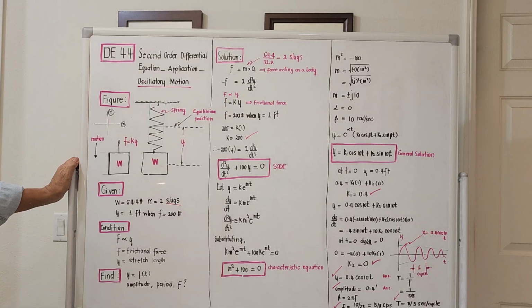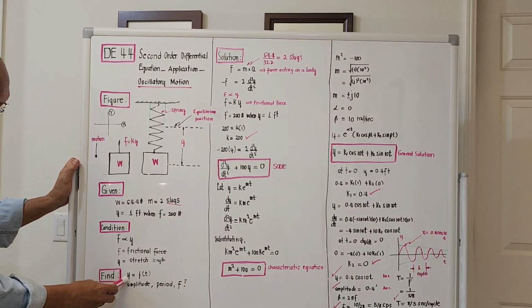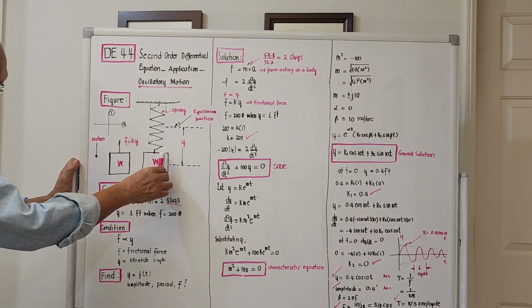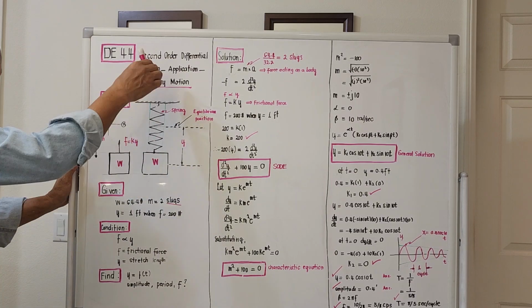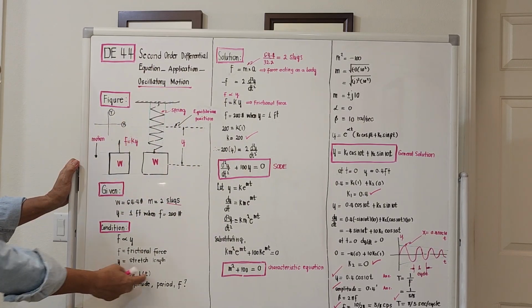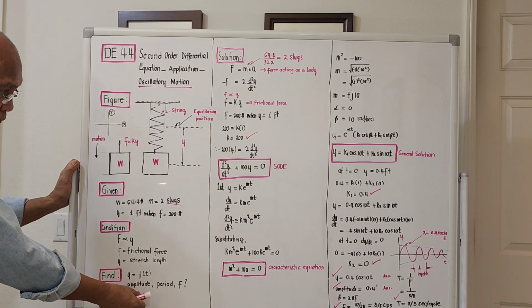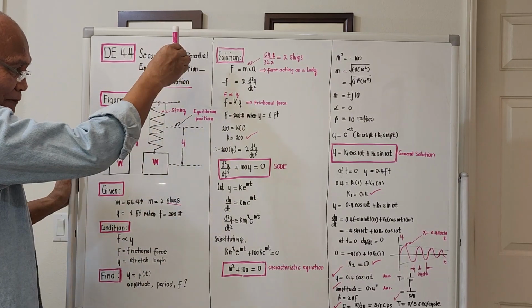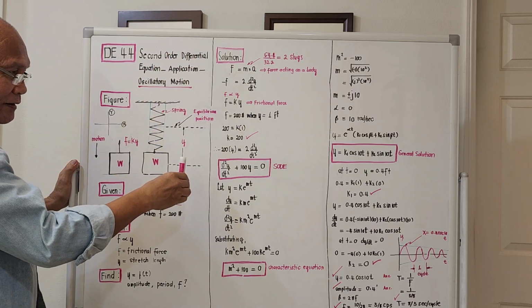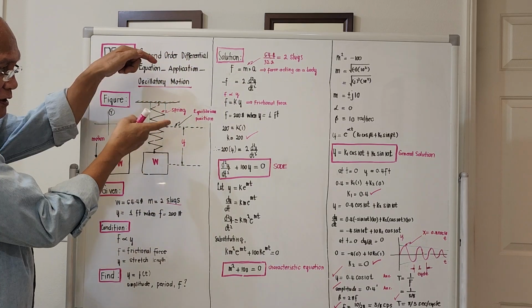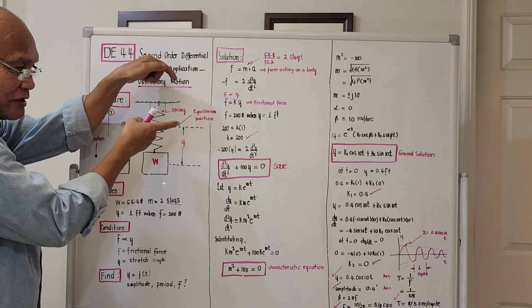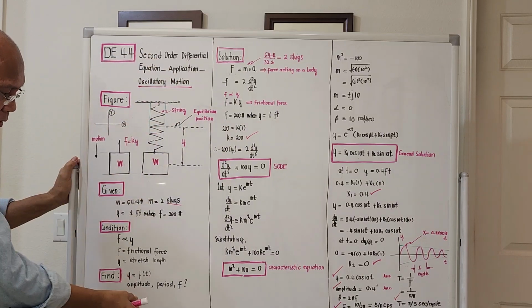The problem is asking for y as a function of time, meaning the equation of the motion. It should be with respect to the vertical. The amplitude is how it goes up and how it goes down. But what will be the value of that distance? The term for that is amplitude.